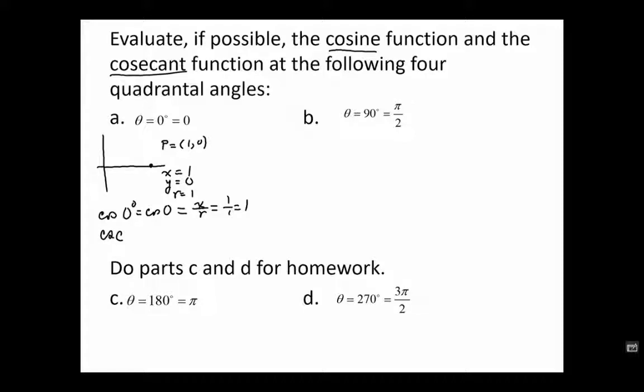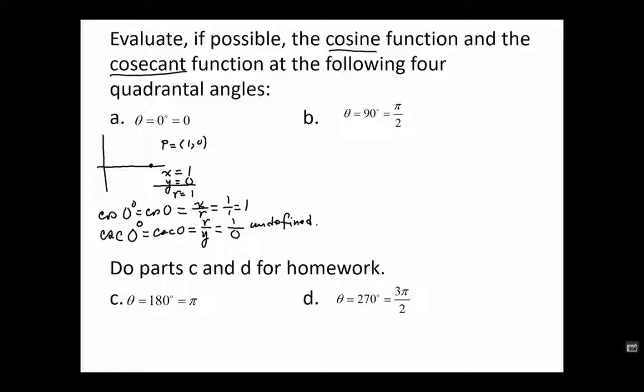The cosecant of 0 degrees, or the cosecant of 0 radians, we define to be r divided by y. R is 1 and the y coordinate is 0, so 1 divided by 0 is, of course, undefined. All right, so that's part A.